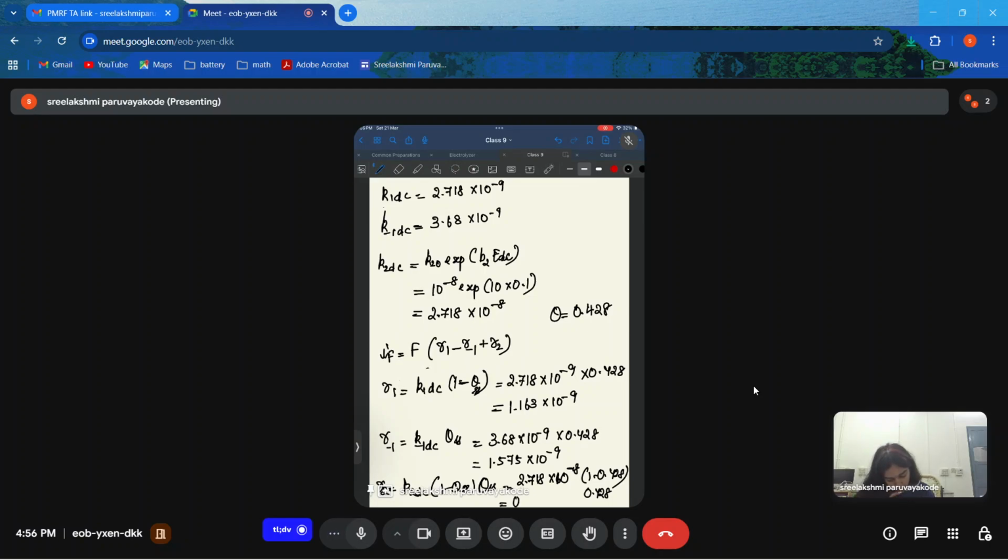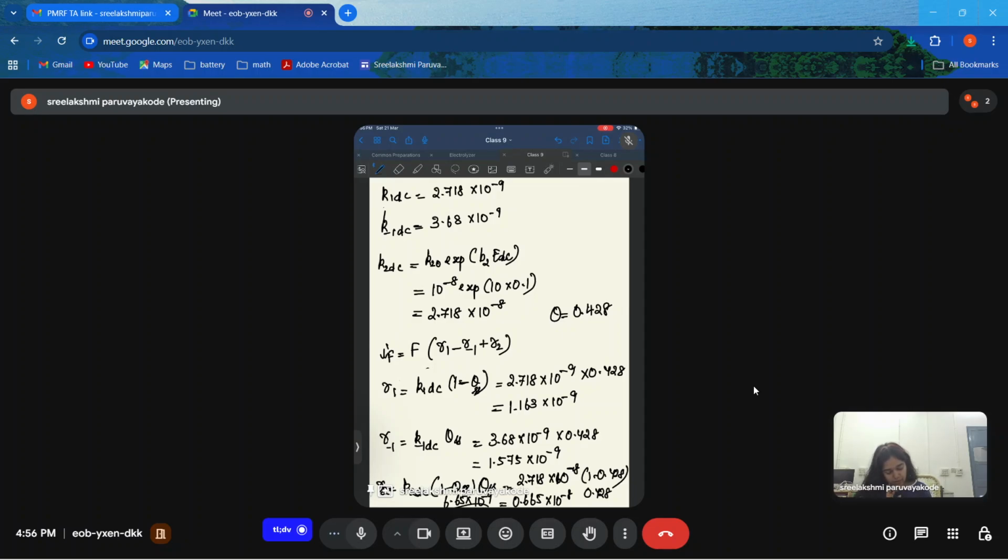You will get 0.665 into 10 to the power minus 8. Because all of the others are in 10 to the power minus 9, I can write this as 6.65 into 10 to the power minus 9.